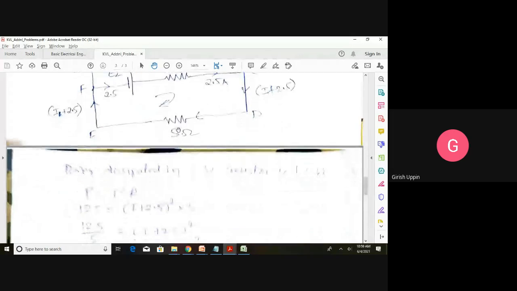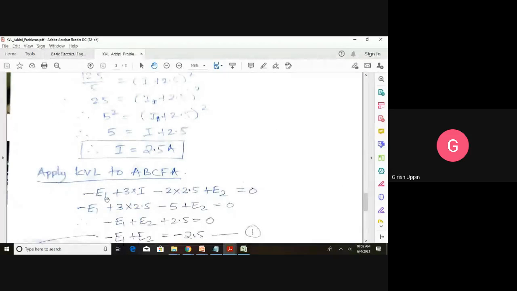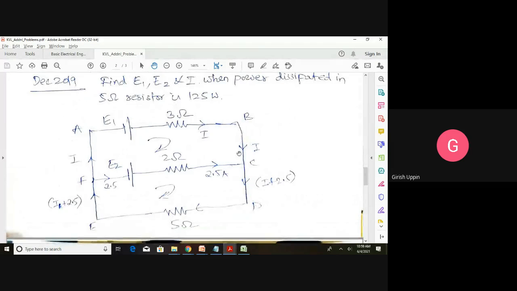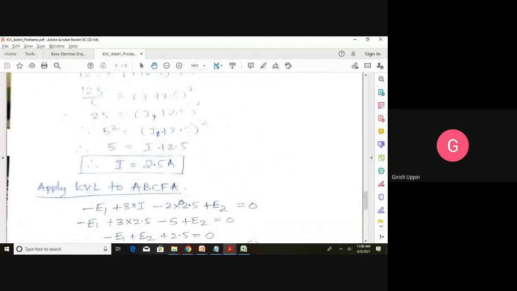So you can write that as minus E1 plus 3 into I. Then continue, you come to B, you come to the node C. Now you can see this is the direction of tracing and this is the direction of the current. They are opposite. So the voltage drop in this resistor should be taken as negative. So minus 2 into 2.5.